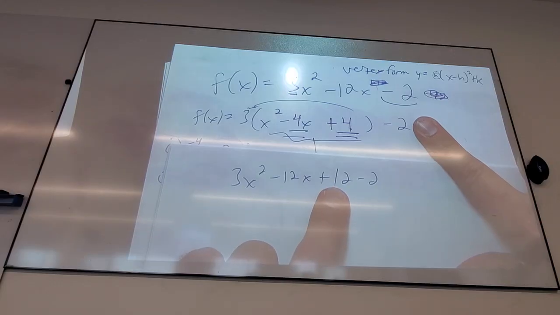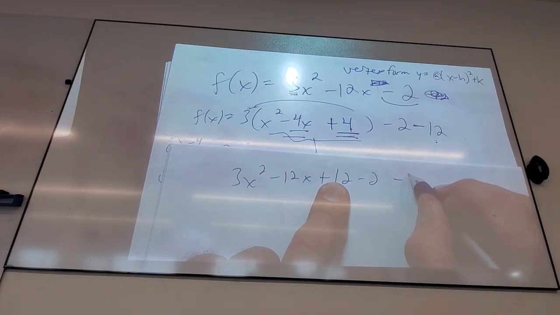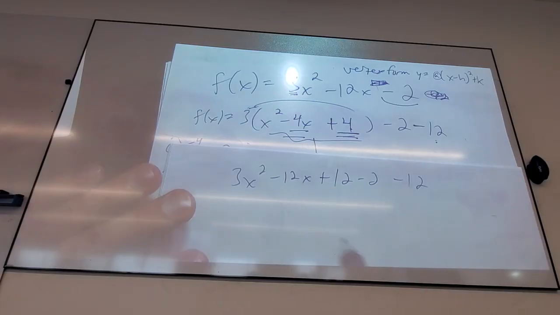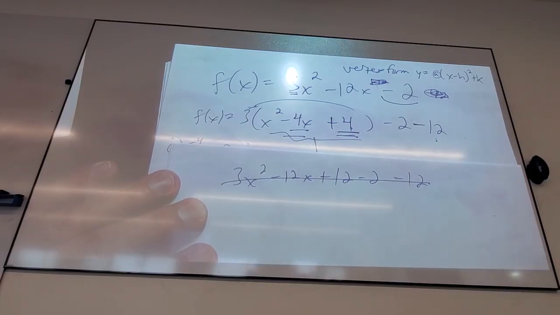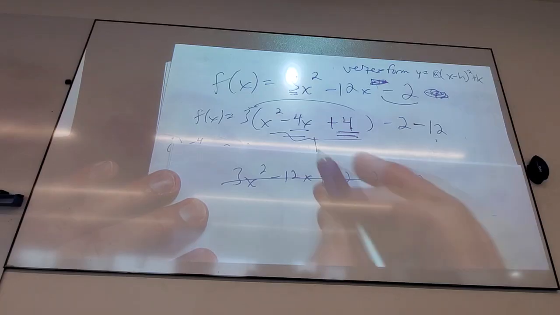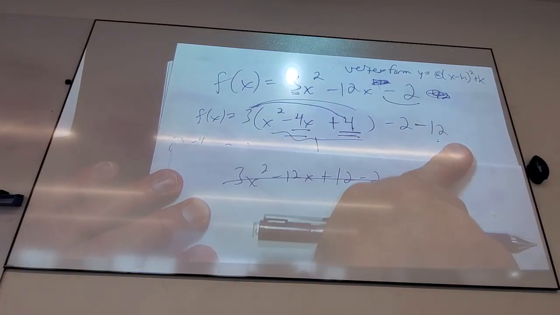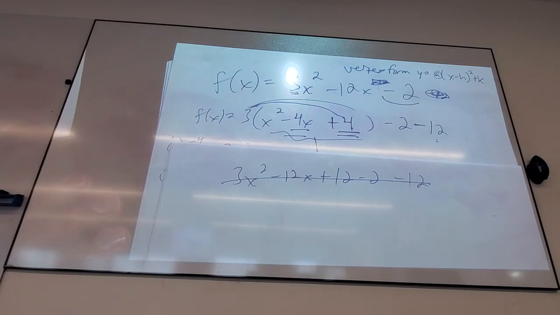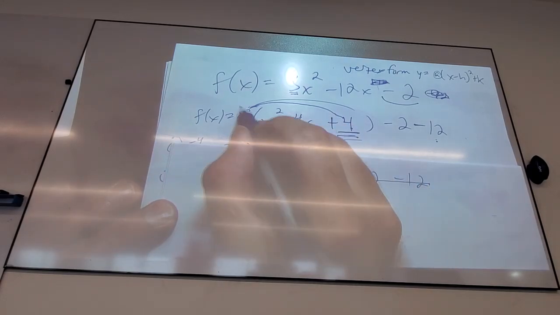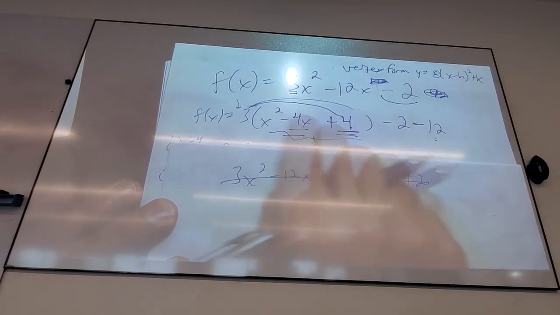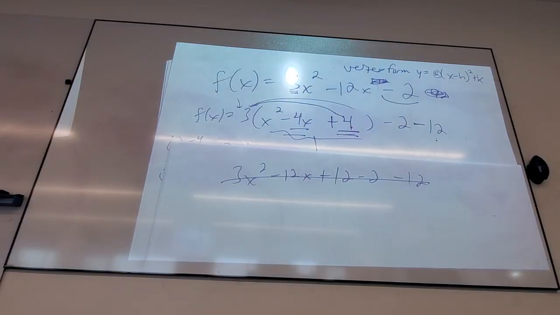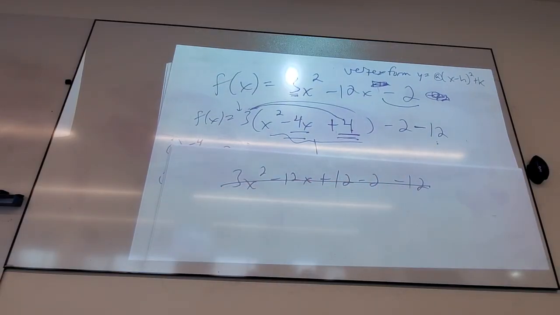I added 12. There's a 12 there that wasn't there before, so I better subtract 12 to make it the same. Now, don't multiply this out, because that's going backwards from what we need. Just say, I just did 3 times 4, I just did 12, I better subtract what I just did. Like we saw last night, if this is a negative, you have to take that into account, so you'll actually be adding something to counteract that, yes? Okay.